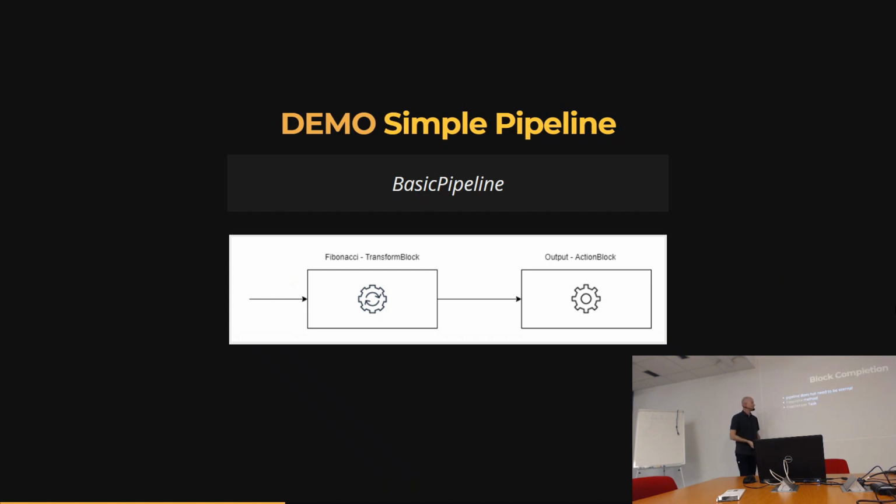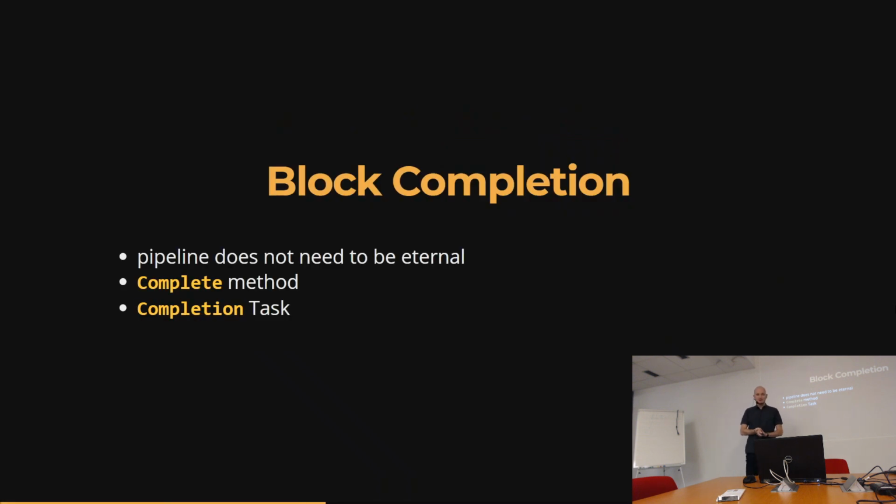So for that, we might define a completely separate pipeline for our own usage, and then throw it away once we're done. And to do this, we need to somehow signal to the pipeline that we are done, and we need to find out that the processing has stopped because it is asynchronous.